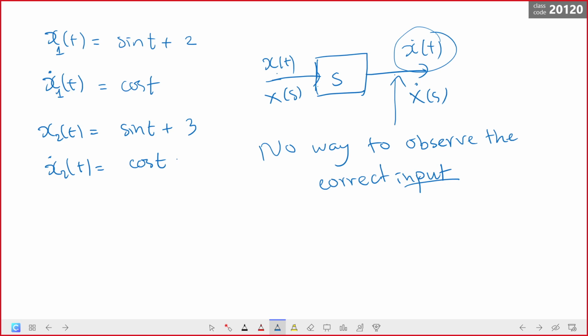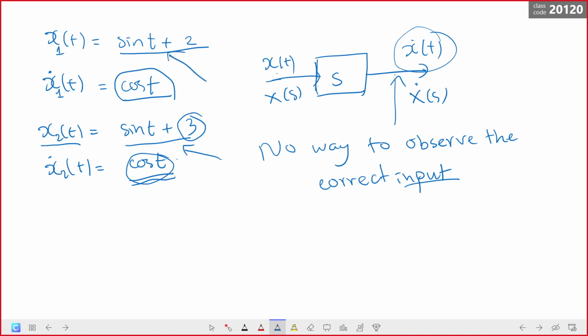Why I say this? Because if the input is this form, the derivative equals this. We measure this. And if input is something else, just different by some constant, then the output is still the same. So from the knowledge of this, how can we observe whether the input should be this, or this, or plus any constant c?